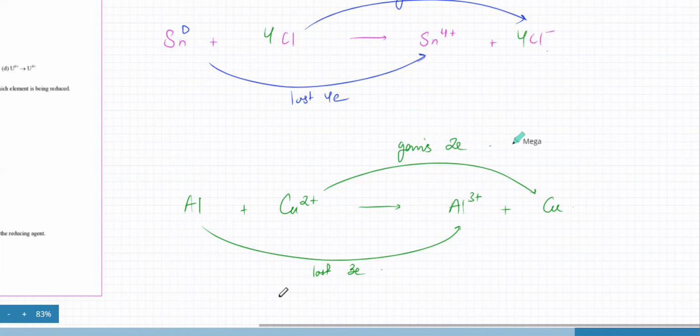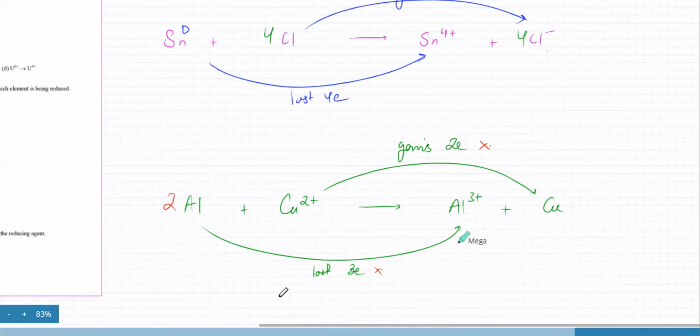Now the thing is that the number of electrons lost and gained, they're not equal, right? So what number should I multiply both with so that they become equal? You times the aluminium by 2 and the copper by 3.